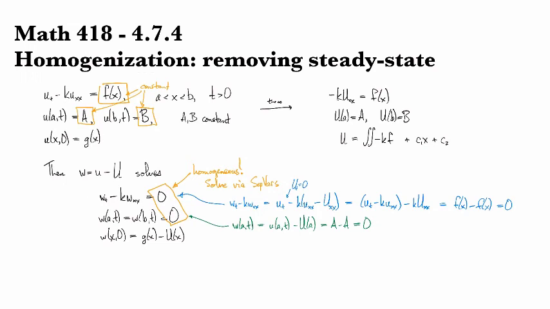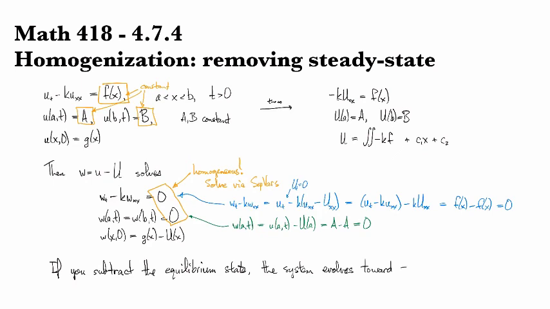So the idea here, and the thing to keep in mind, is that if you subtract the equilibrium state, then the system evolves just toward being identically 0.